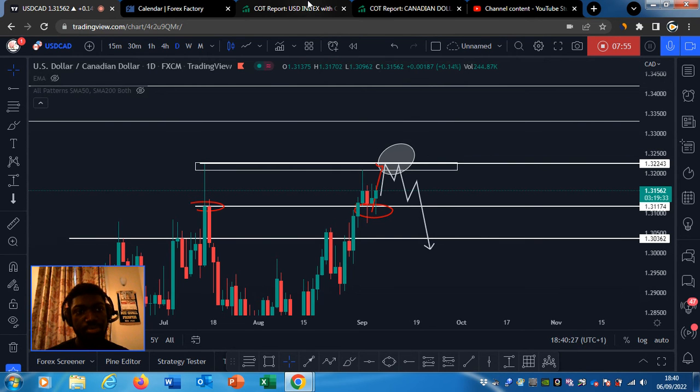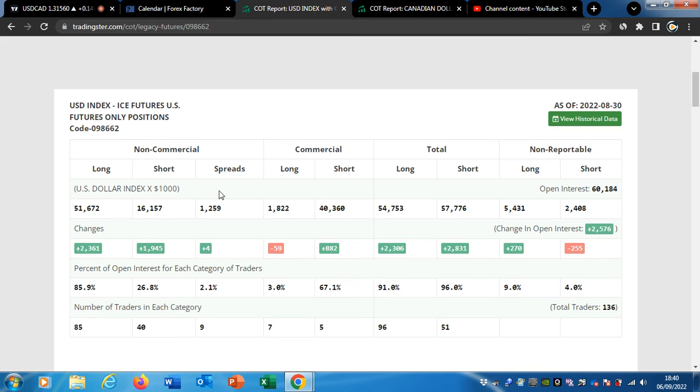Now, looking at the COT report, we can see that for the US dollar and US index there have been some adjustments made. For example, the buyers added 2.3K trades on the longs, and it added 1.9K on shorts. So we can see that there is a tug of war between the buyers and the sellers on the US dollar.